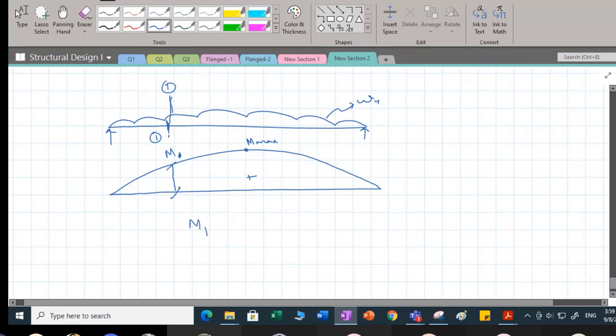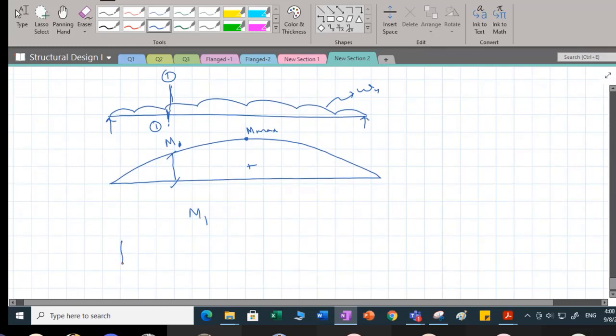So why do I need to provide 6 bars at this section? 6 bars are required at mid span, because there I'm getting the maximum moment. But as I move away from the mid span, there is a reduction in my moment, and as I come near the support, my moment is reducing.